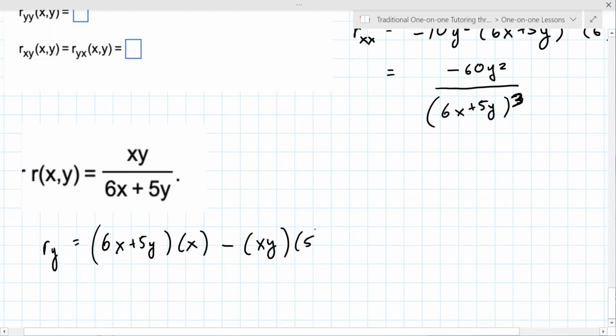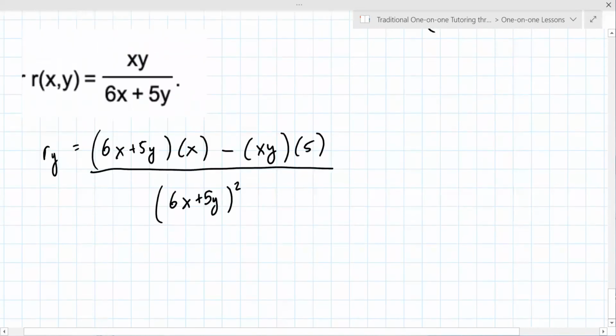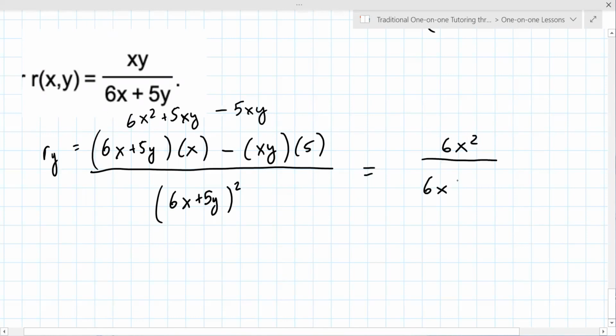So it's just the 5, over the bottom squared. Okay, just a light amount of simplifying. It's 6x squared plus 5xy minus 5xy. So you get 6x squared over 6x plus 5y quantity squared. That's the first derivative, Ry, but we've got to keep going.